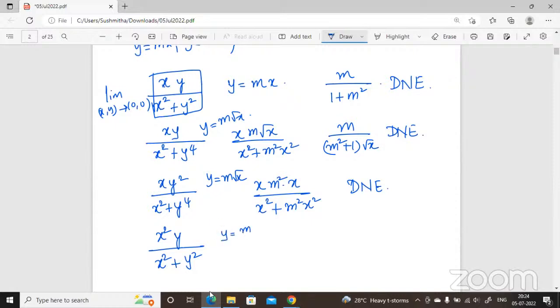Along the line y is equal to mx the limit exists, but along the curve it doesn't exist. Along which curve doesn't it? I guessed that in the numerator degree is 3 and in denominator degree is 2. So okay, let's put this curve. I'll get m by square root of x by x squared plus m squared by x. This is not going to help, right?